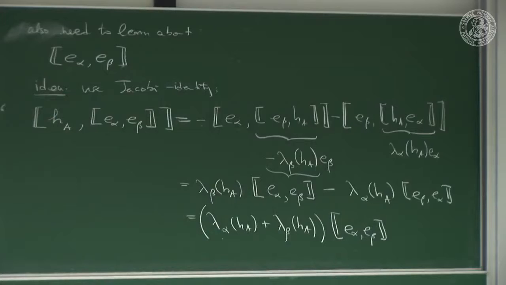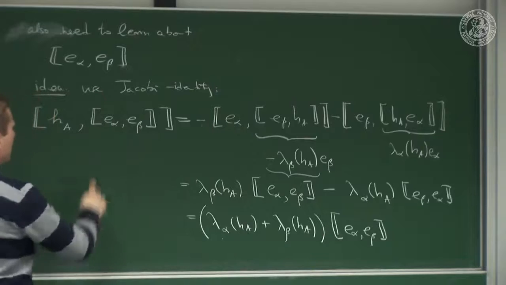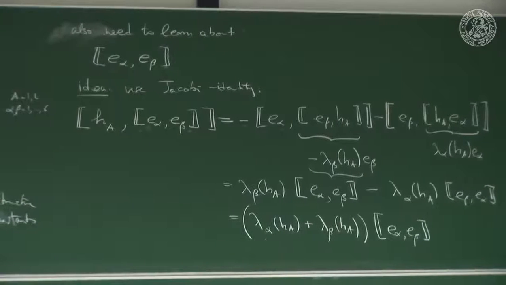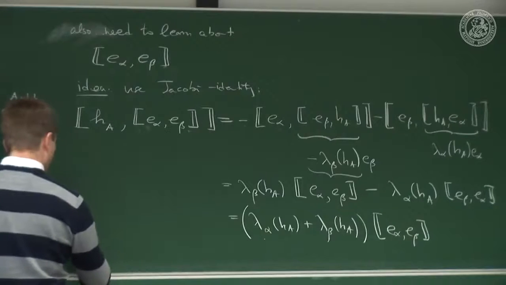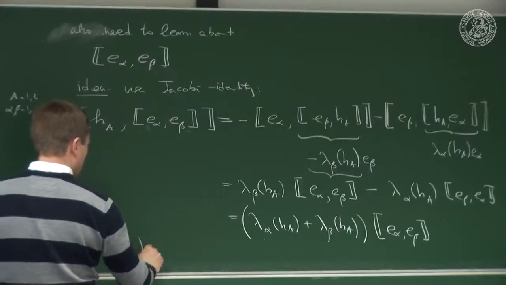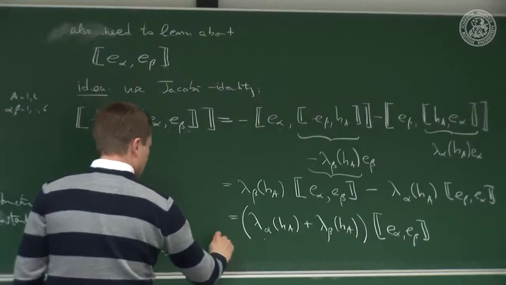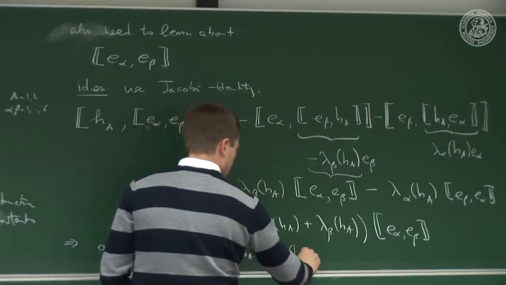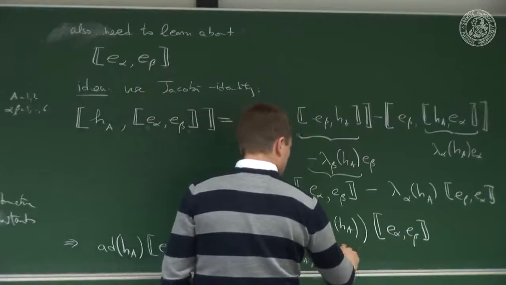Okay, so what does that tell us? Well, that tells us that this bracket [E_alpha, E_beta] is also an eigenvector of the H_A. So therefore we have that ad H_A acting on this commutator [E_alpha, E_beta] is lambda_alpha(H_A) plus lambda_beta(H_A) times [E_alpha, E_beta].